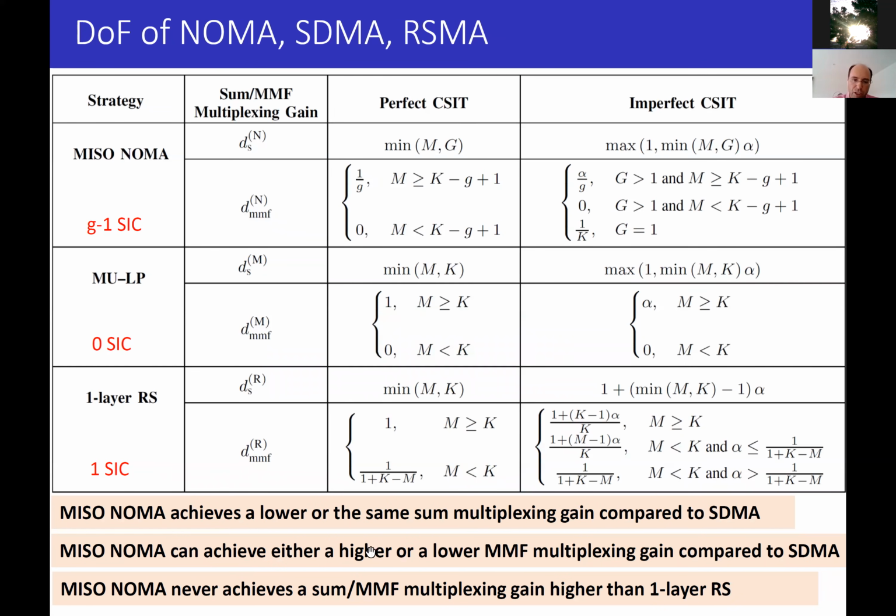So if your objective is max-min fair, the minimum rate among K users, then you can show that NOMA can indeed have a higher degrees of freedom, a higher slope, compared to SDMA in some situations, but in other situations it could be worse. In terms of sum multiplexing gain, looking at the slope of the sum rate, NOMA is always worse than or at most equal to SDMA. And you can show that doing NOMA never achieves a sum or max-min fair multiplexing gain higher than one-layer rate splitting.